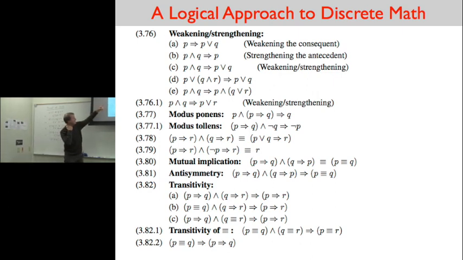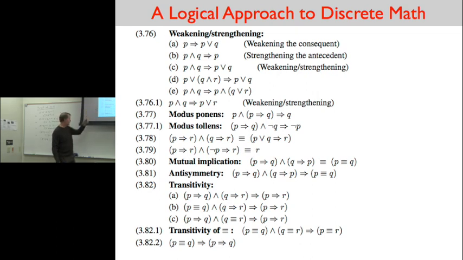It says that P implies P or Q. So look at what that says: P or Q follows from P. In other words, by symmetry, it can follow from either one, right?